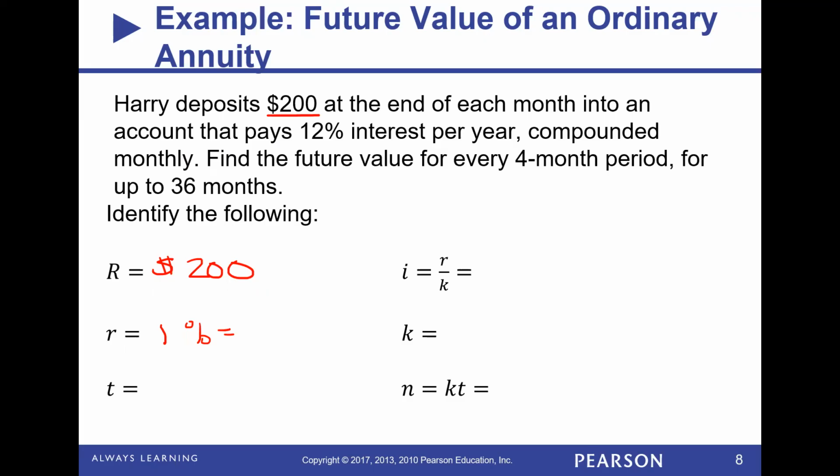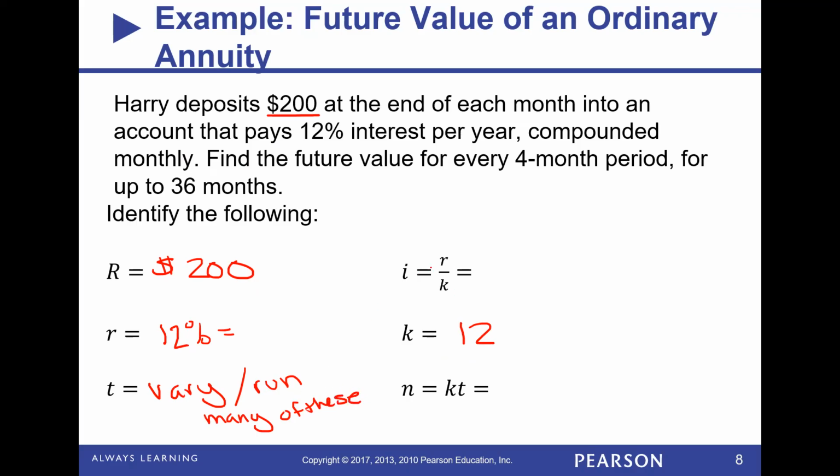So it's 12%, okay, and it's being compounded monthly. So understand that K is 12 there. And time is going to vary because we're going to run many of these. Okay, so we're going to look at running quite a few of these.